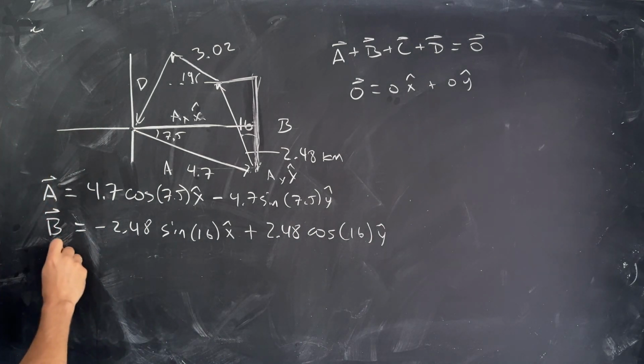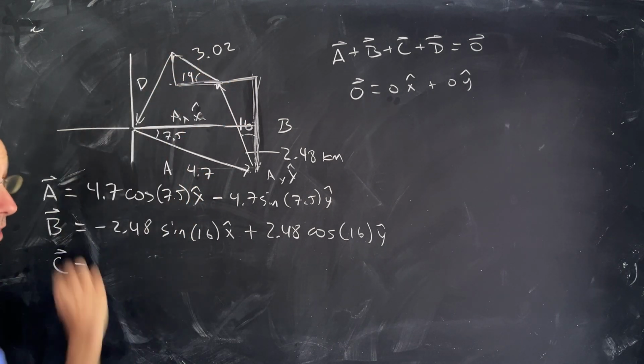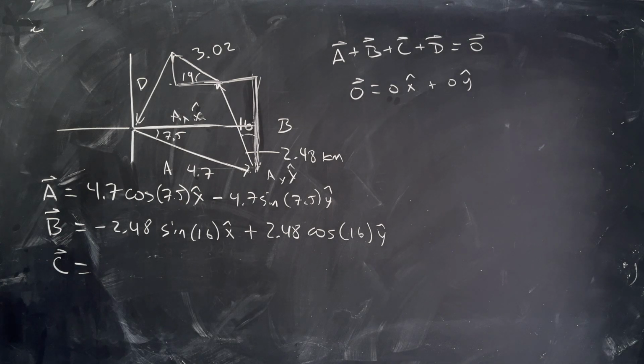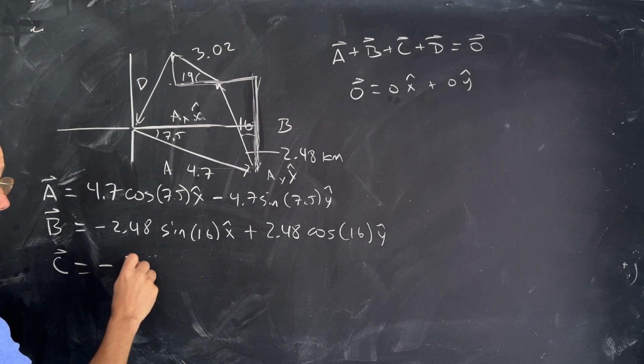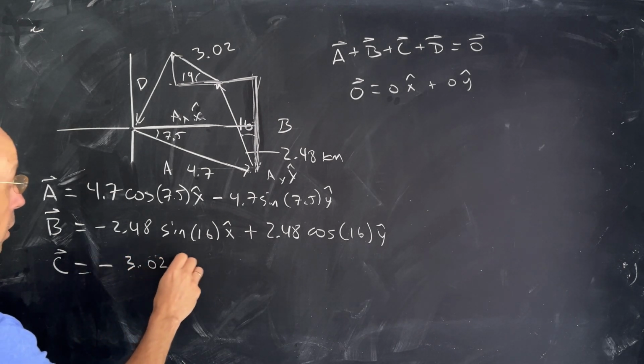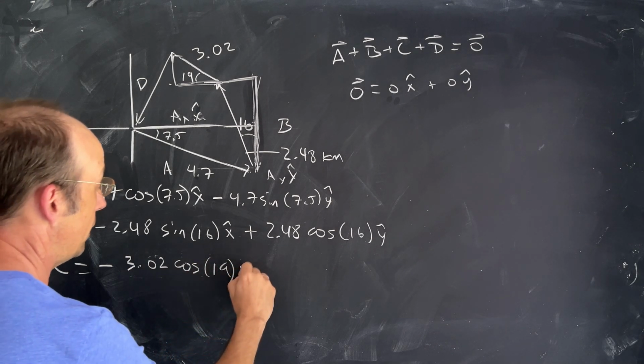And then finally C, here I have, there's my triangle. My adjacent side is the x component, but it is in the negative direction. So it's going to be negative 3.02 cosine 19 x hat.